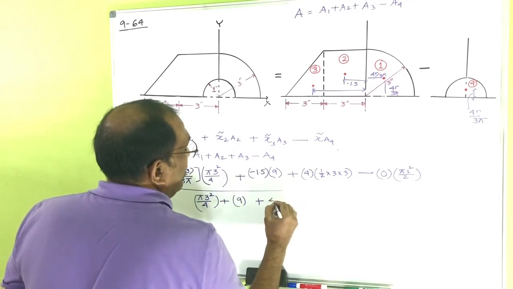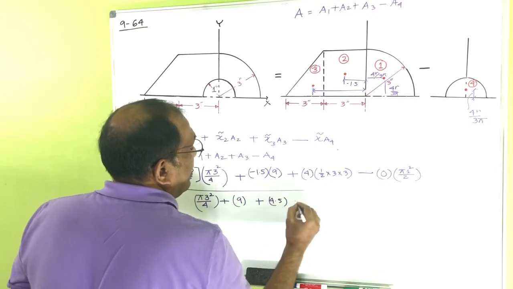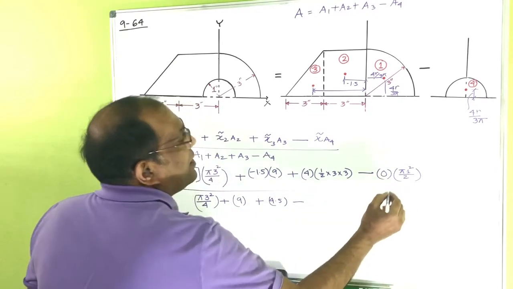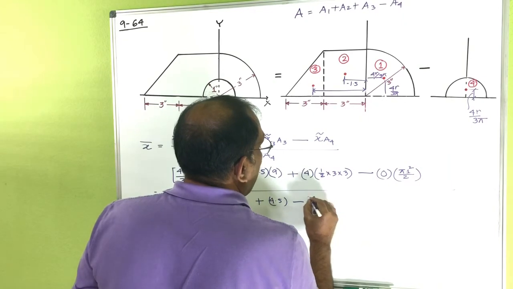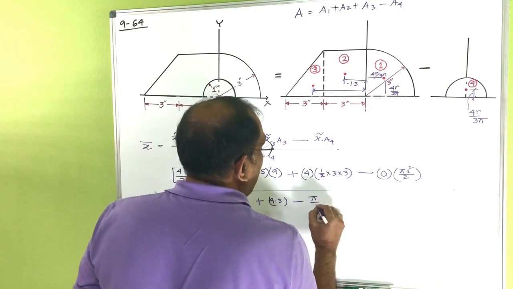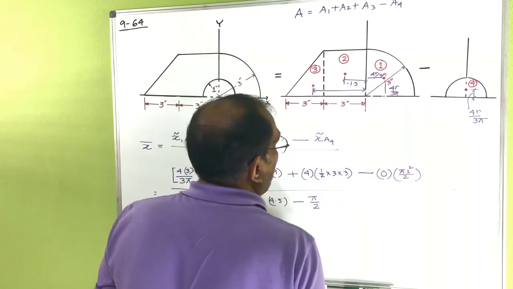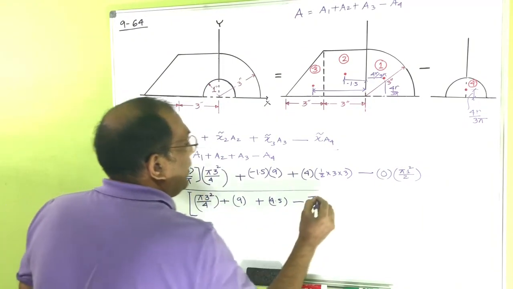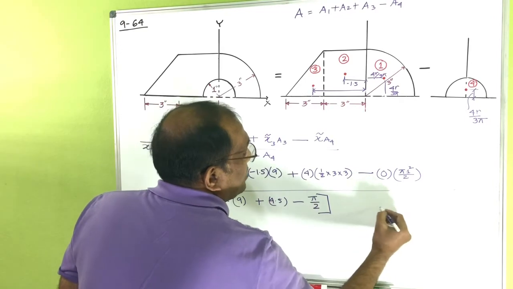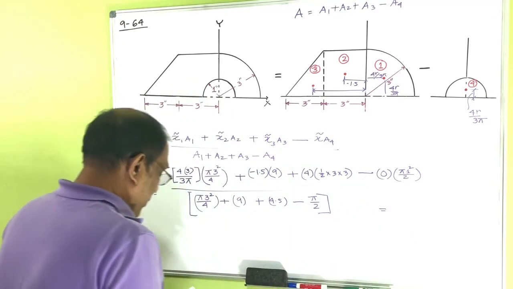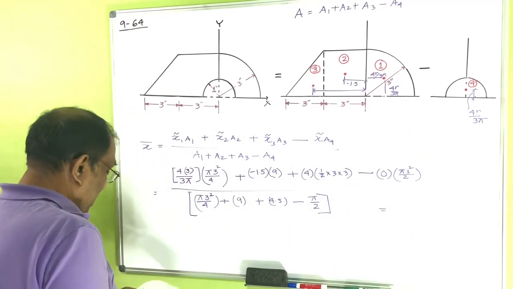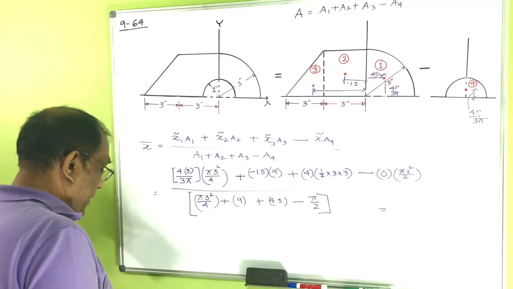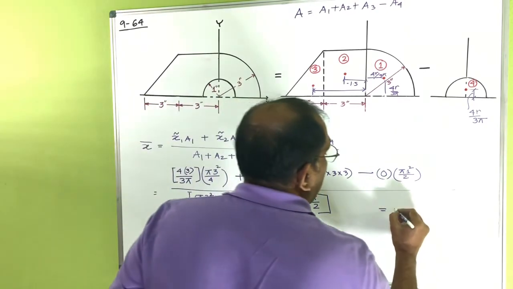plus 4.5 minus this part here, pi divided by 2, because 1 square is equal to 1, okay? So if you solve that one, that would be actually minus 1.18.